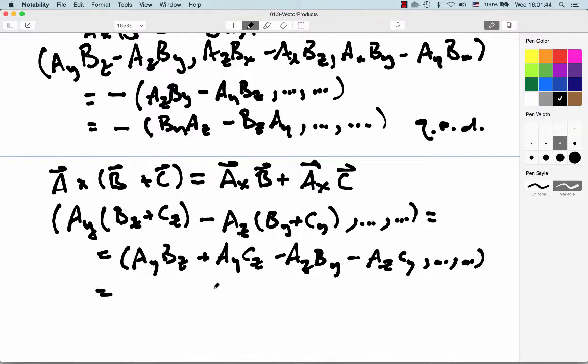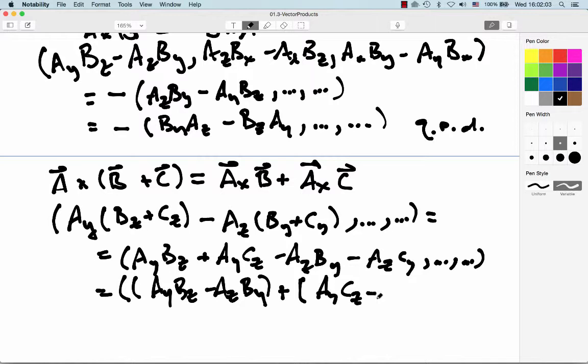Now, I can group this here. I can look and say, okay, let's pull the terms of the B's together. So this will be AyBz minus AzBy plus AyCz minus AzCy, in two more similar terms.